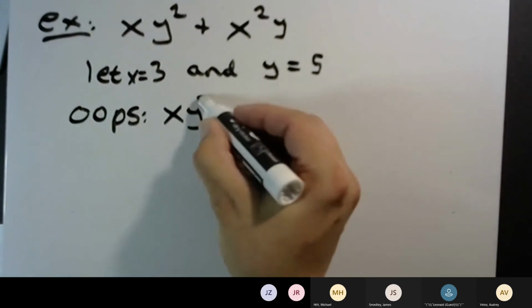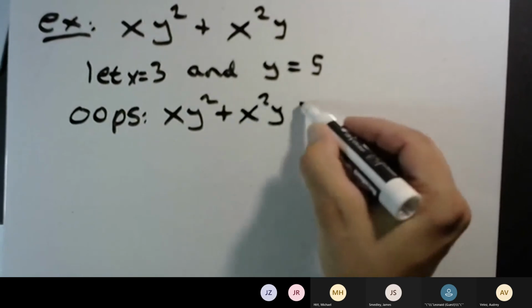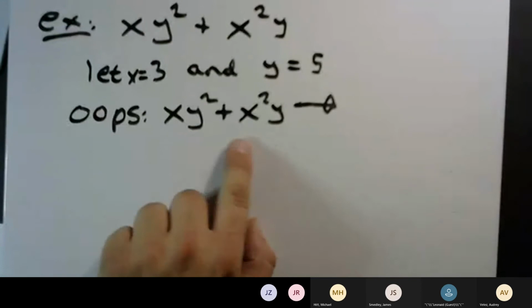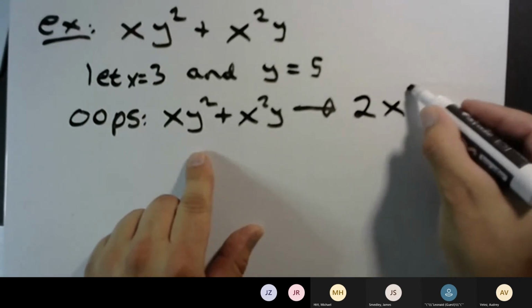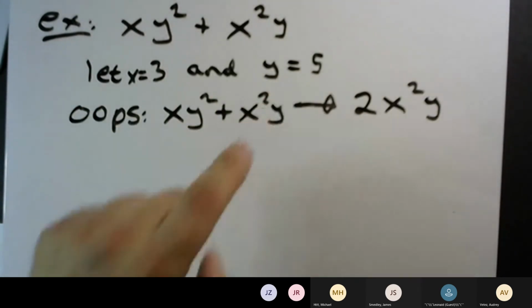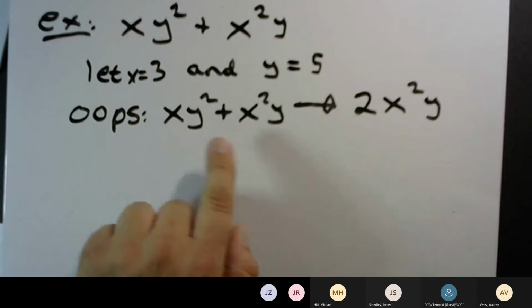We let xy squared plus x squared y, and we say, you know, they're all kind of very similar. Let's just say we have 2 x squared y. Why not? Let's combine them. I mean, the 2, it just needs to be on the y. Isn't that close enough? Well, it's not. These are totally different terms.